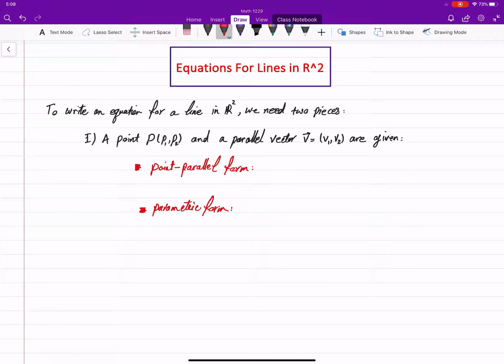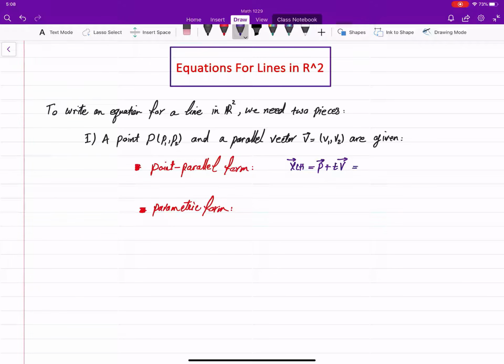What was point parallel form? We have x(t) equals p, the vector p, plus t times v.